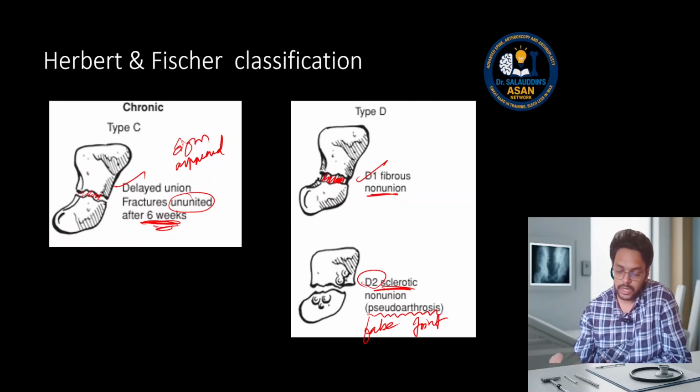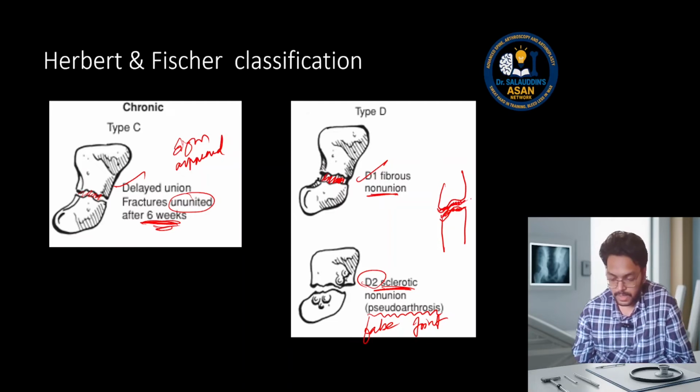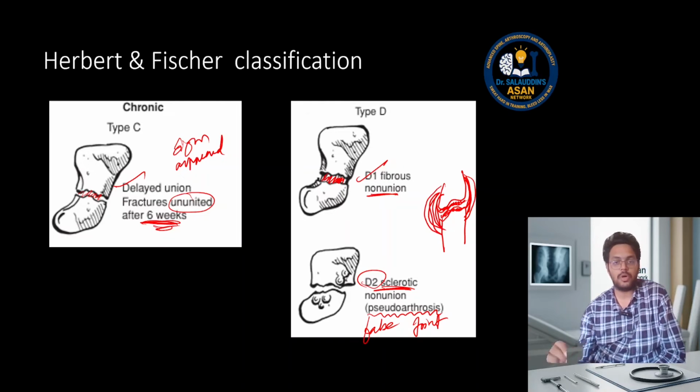What does a true joint contain? A true joint contains two bones, in between there is cartilage, and there is a synovial membrane and the capsule. So this is a true joint.